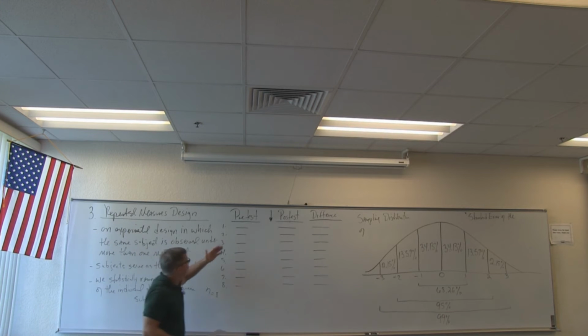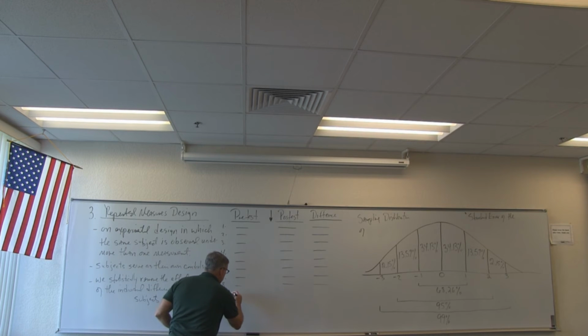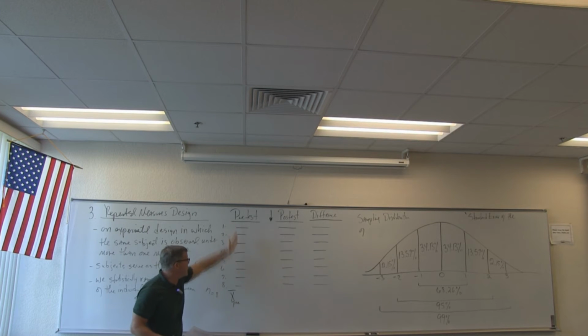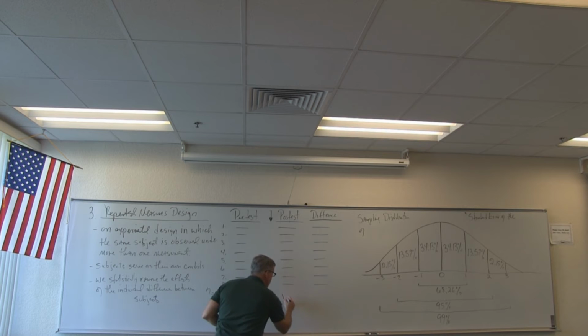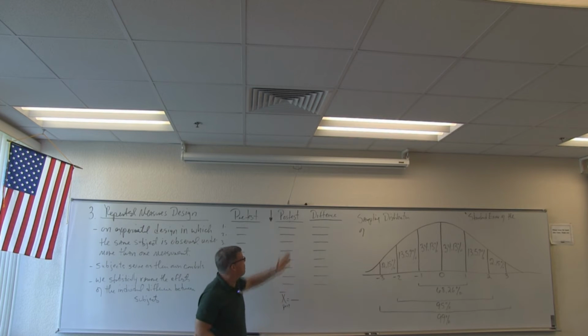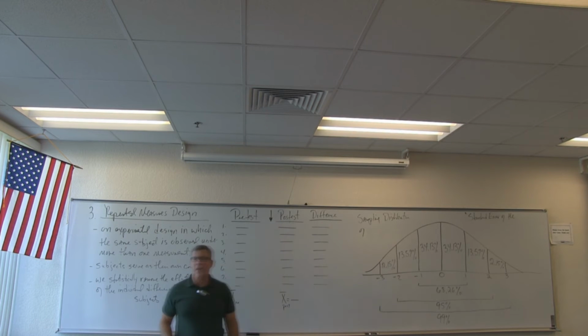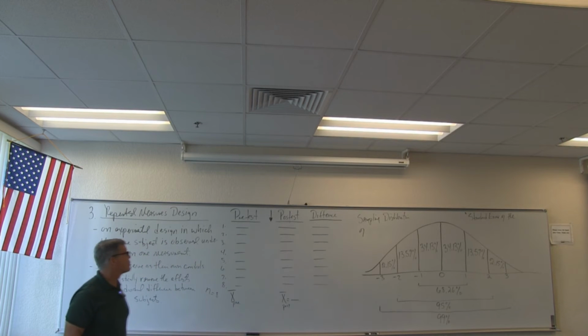And again, we have this pretest, so we have a pretest mean. We're going to call this x bar sub pre, simply the sum of the pretest scores divided by the number of scores. We also have an x bar sub post, simply the sum of the post-test scores divided by the number of scores.